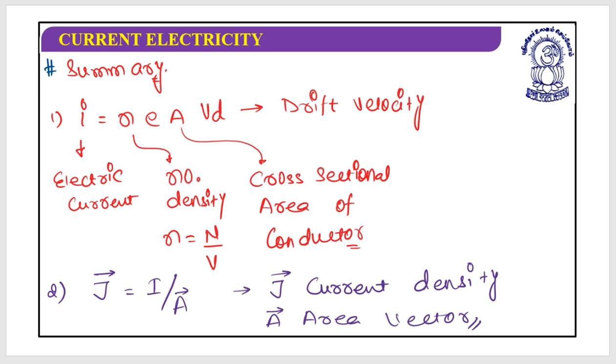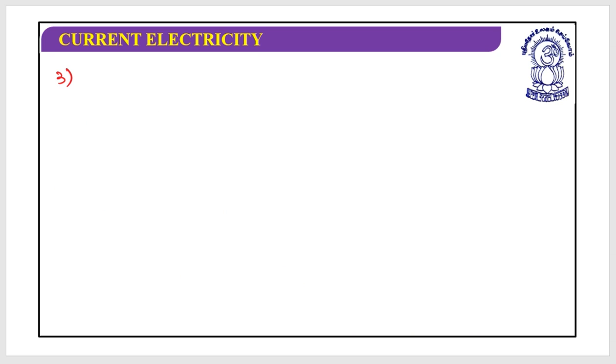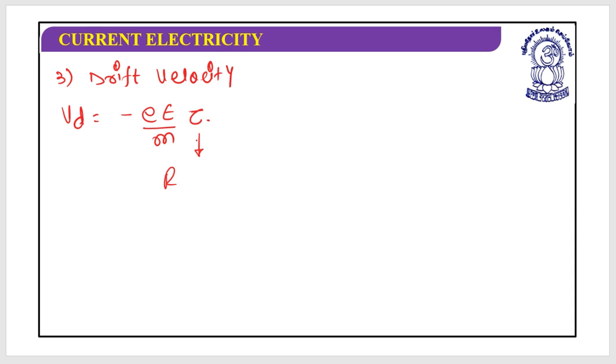Now the next, drift velocity: Vd is equal to minus eE divided by m into tau. Yes, this tau is the relaxation time. Now you know what relaxation time is all about, so no need to explain one more time.